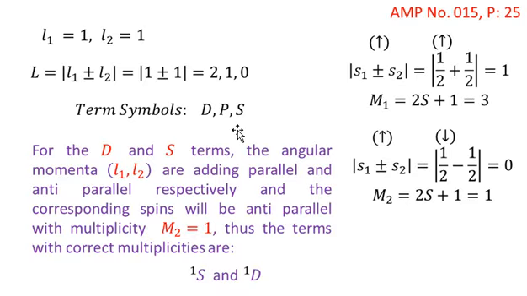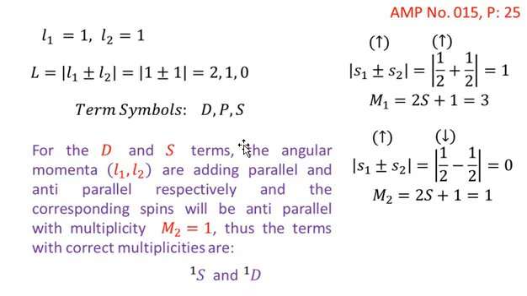So you see that when D and S, which are directly obtained when L1 and L2 are parallel and anti-parallel respectively, in that case, the multiplicity will be used when the electrons have anti-parallel spins. So we have M2 is equal to 1. Thus, the terms with the correct multiplicities are 1S and 1D.